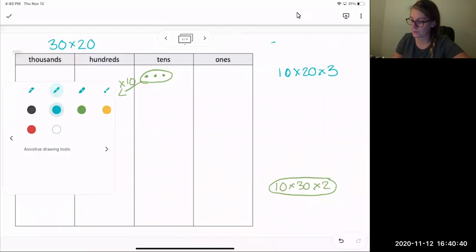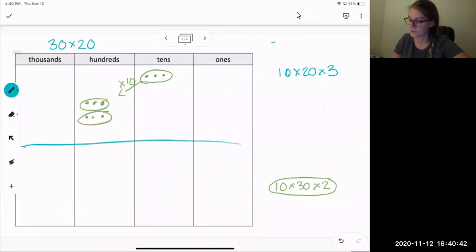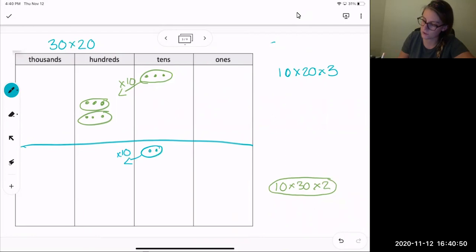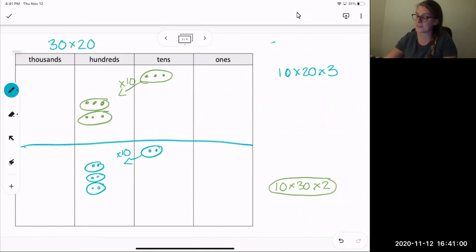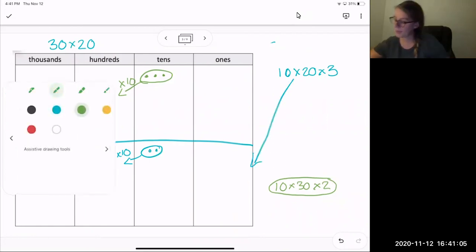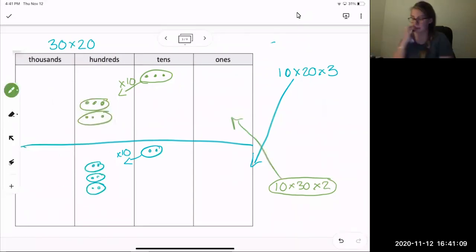Let me re-represent what our first one was. We started with 200s, or 2 tens times 10, which gave us 200s, and then we represented them 3 times. Look at the differences and similarities. We end up with the same answer, but we used different methods to get that answer.